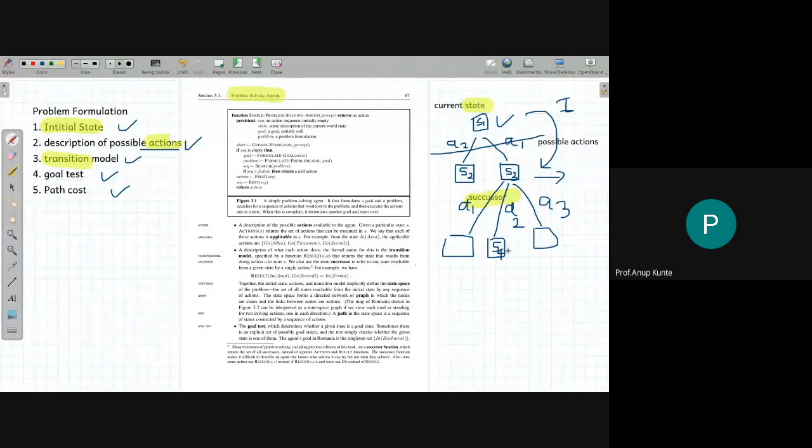Given these two things, I will be in a position to define the transition model, which will be something like a function to which I will provide my current state and the possible actions, which will return me all the possible successor states.